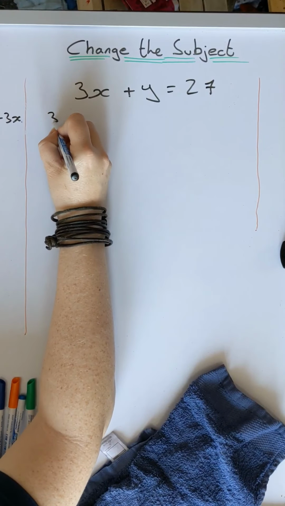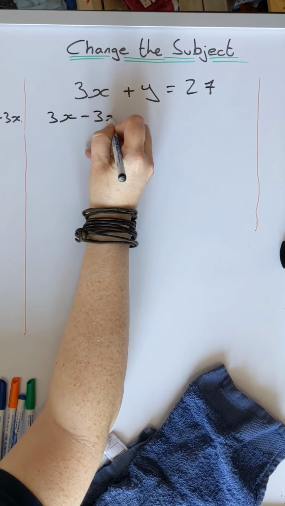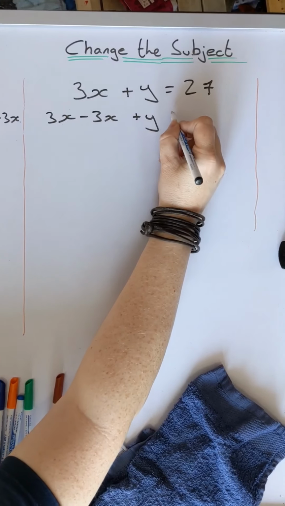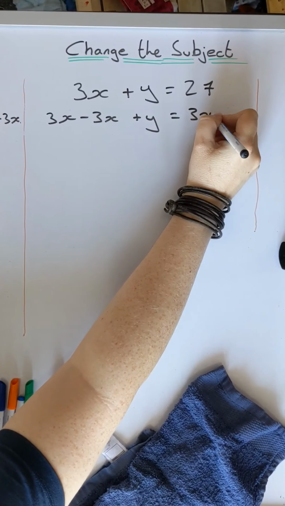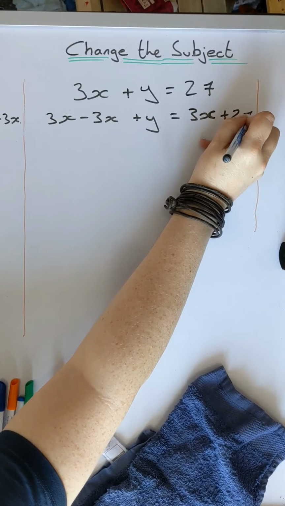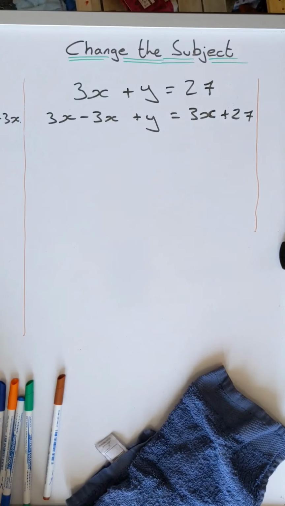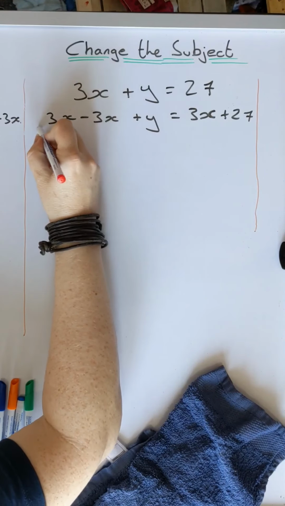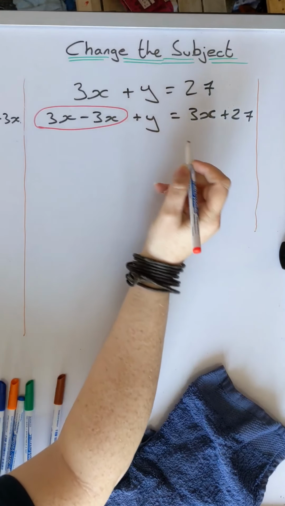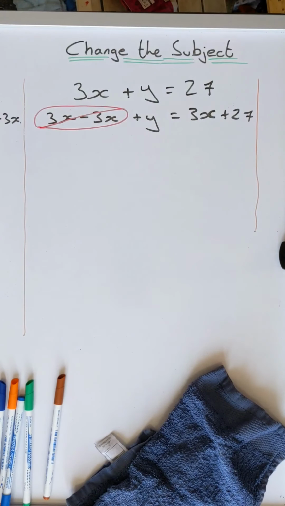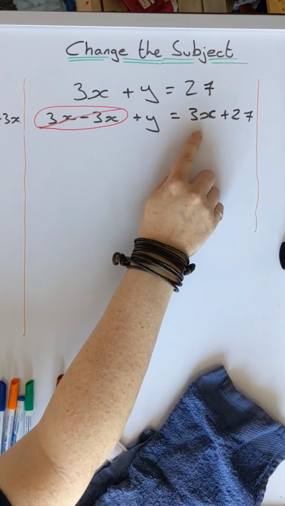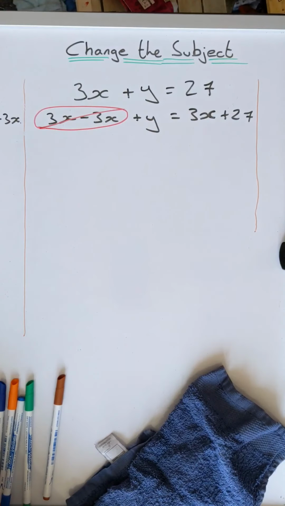So what I have is 3x minus 3x plus y equals 27 minus 3x. Now this initial 3x minus 3x cancels itself out, just leaving me with y equals 27 minus 3x.